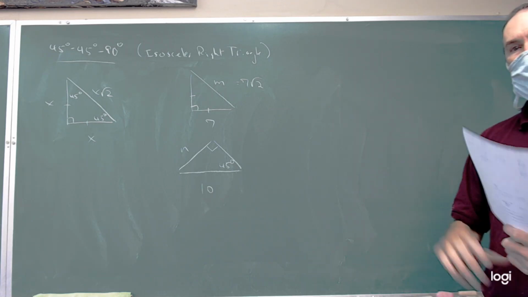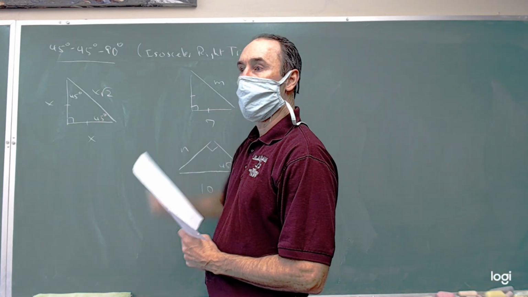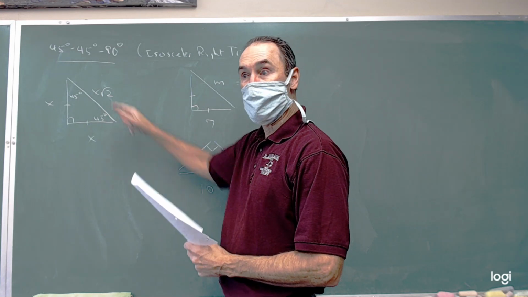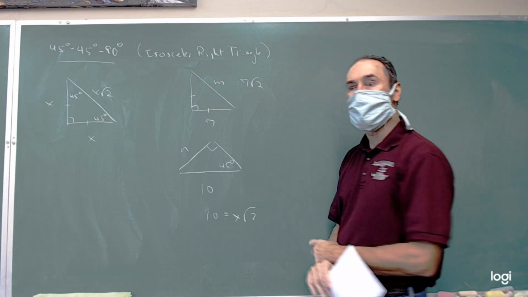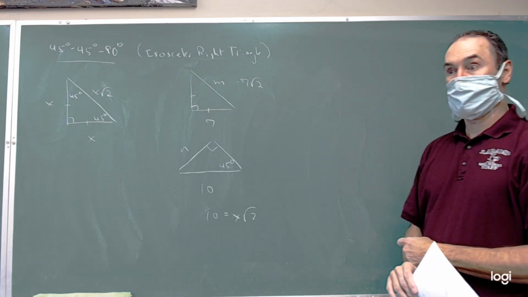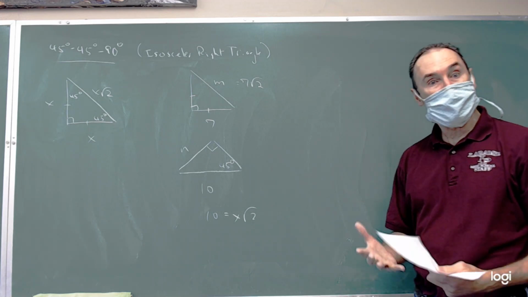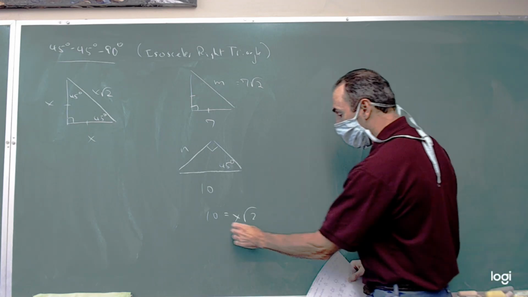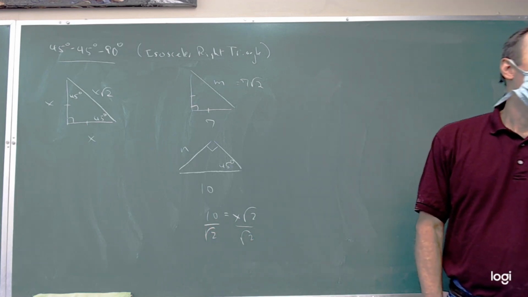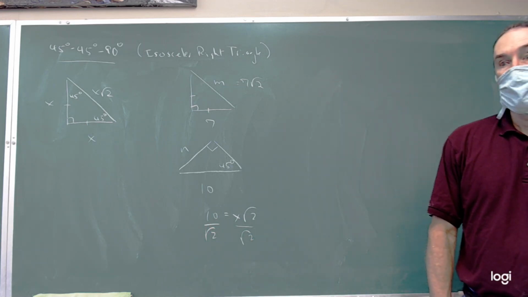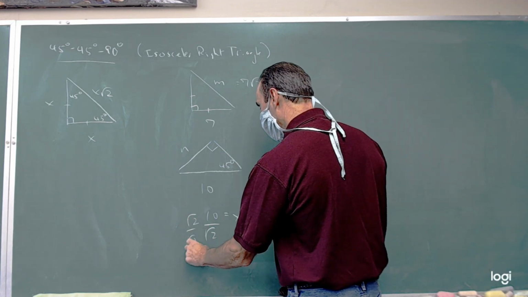The 10, because it's the hypotenuse, is equal to x root 2. So we'll say 10 is x root 2, and now you've got to solve for the x. To solve for x, we're going to have to divide by square root of 2. Now we have to rationalize. So we're going to multiply top and bottom by square root of 2.